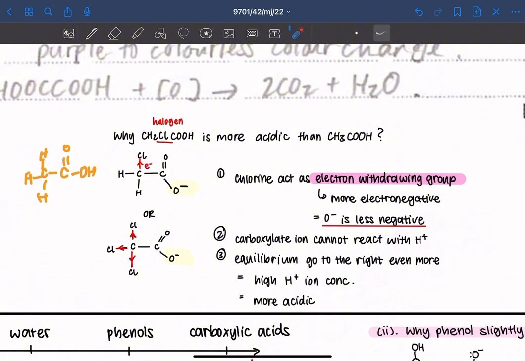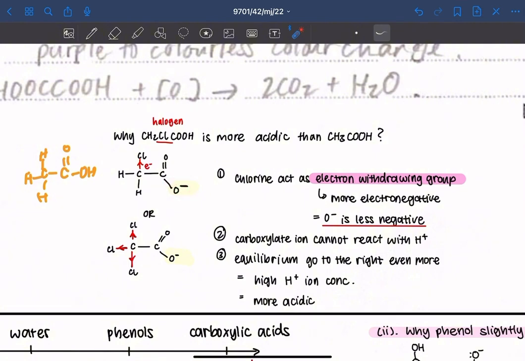So the reason why a Cl atom or a halogen atom always makes it more acidic compared to its normal compound is that the halogen atom or chlorine acts as an electron withdrawing group, so it's more electronegative. It takes electrons from here, so the O minus is less negative now because there's less electron density in here.